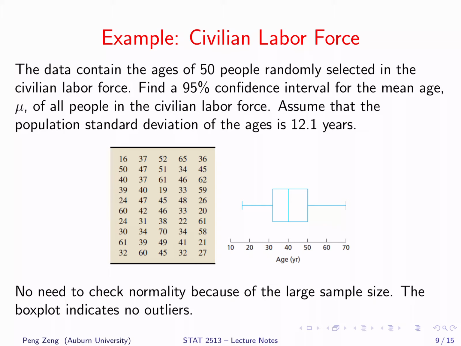Recall that an outlier is an observation that is smaller than first quartile minus 1.5 times interquartile range, or larger than third quartile plus 1.5 times interquartile range. In a box plot, outliers are represented by dots beyond the lower vertical line and the upper vertical line. Here, no point is beyond these two lines and therefore no outlier.